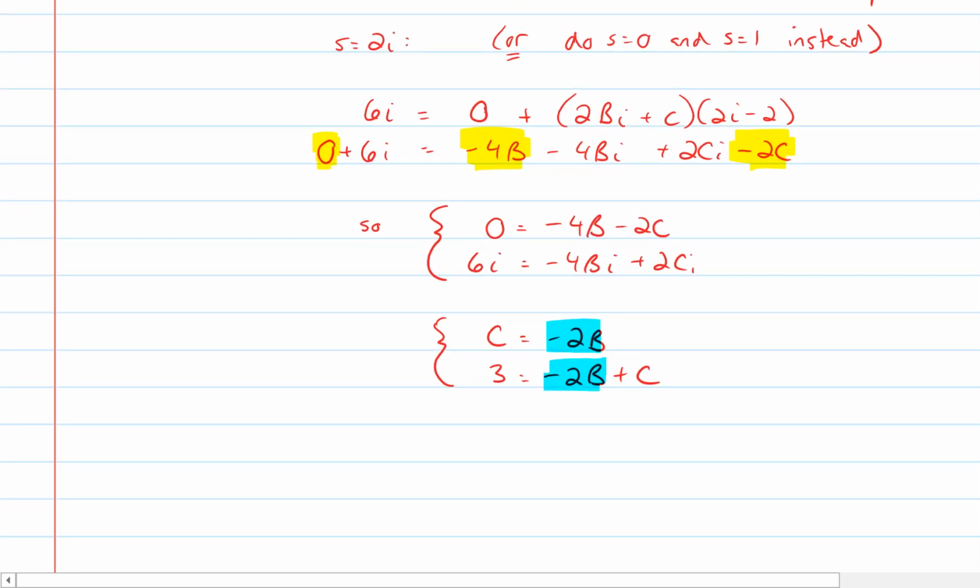So 3 is equal to 2c, and c is equal to 3/2. Plugging it into the top equation, you get that b is equal to negative 3/4.